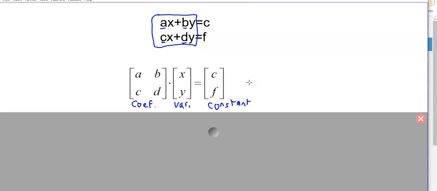And just to prove that this does in fact make this, if we multiply row by column, by the way, this is a 2 by 2 times a 2 by 1, so our result should be a 2 by 1.